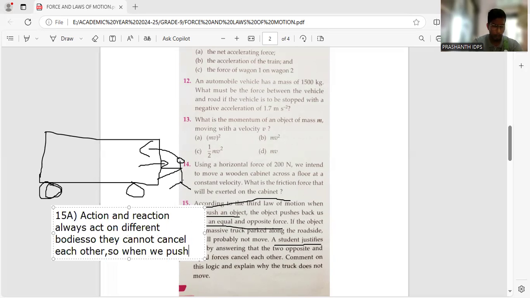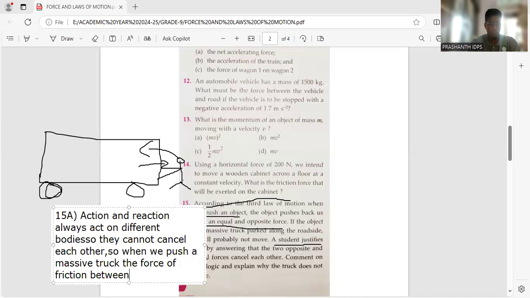So when we push a massive truck, the force of friction between its tires and the road is very large, and so the truck does not move.